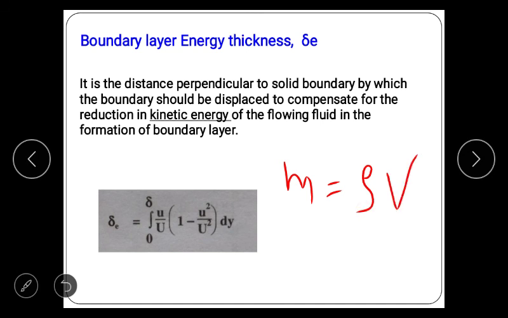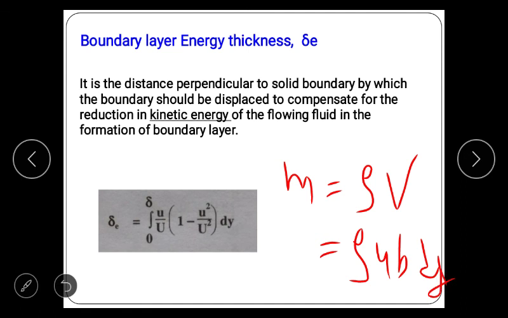Now what is the volume of fluid flowing through? It is u into x, or say b, that is thickness, into dy, so that we have rho u b dy.